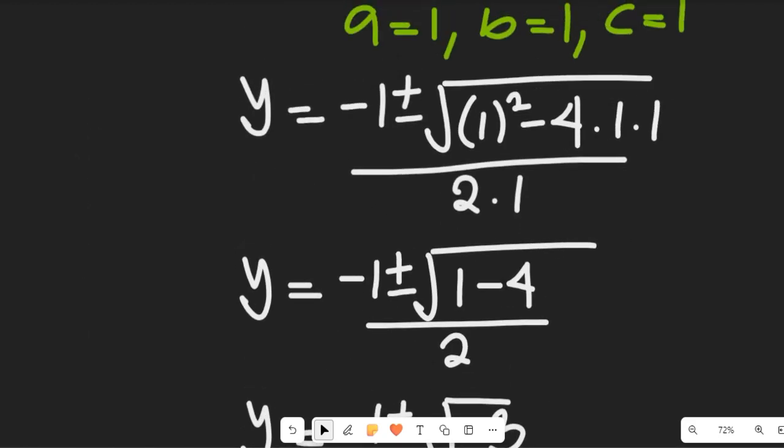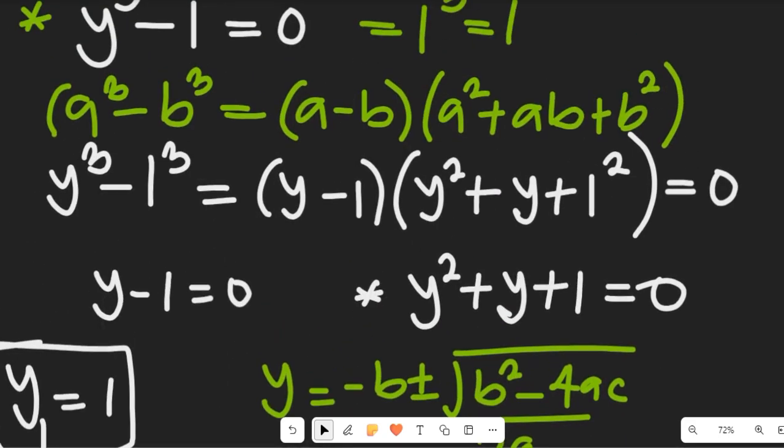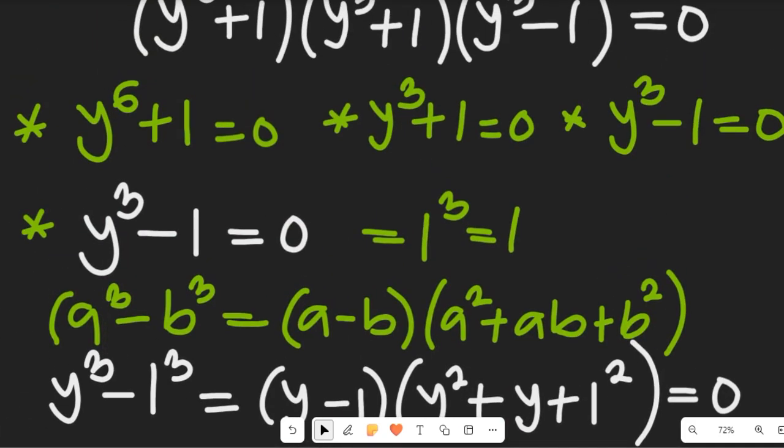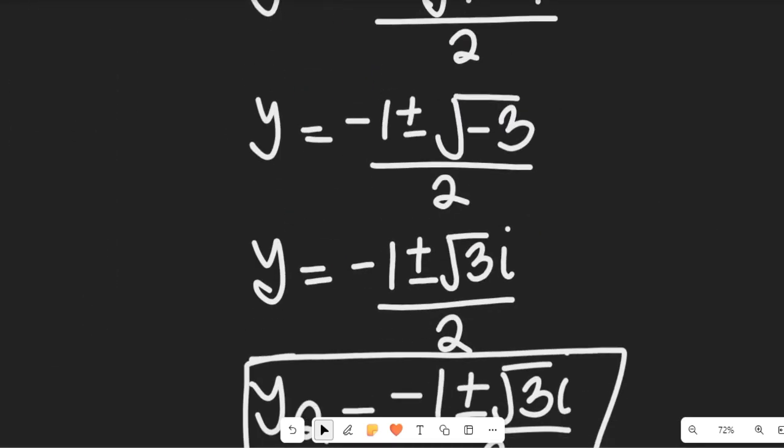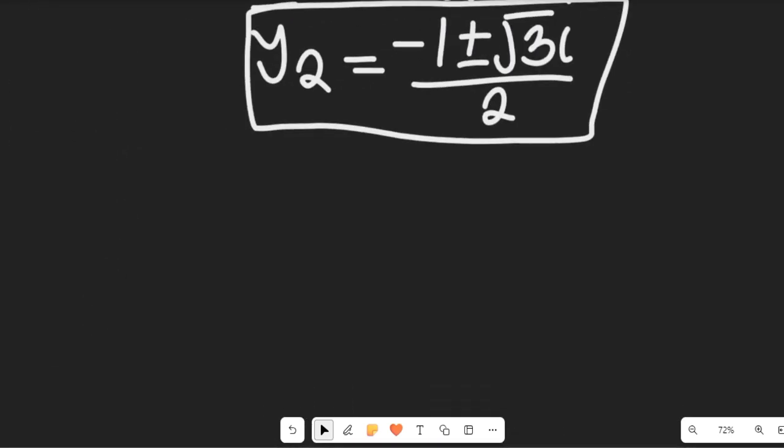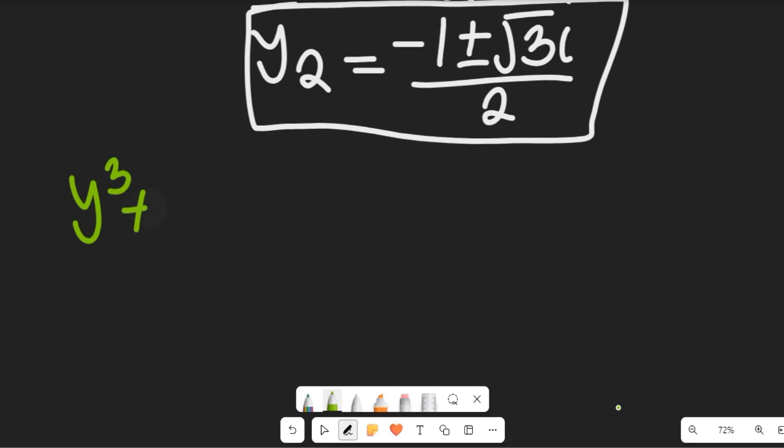Now the next one we want to consider is y to the power of 3 plus 1 equal to 0. That expression will now give us, to further find the values of y, y to the power of 3 plus 1 equal to 0.